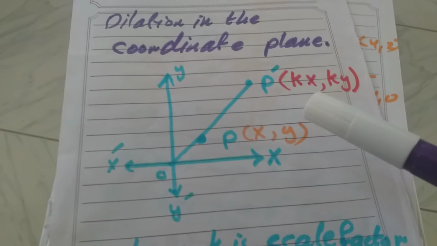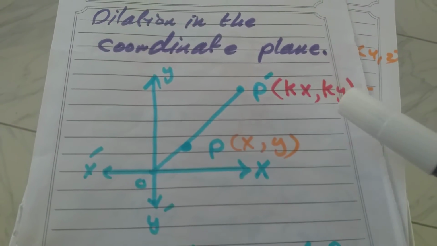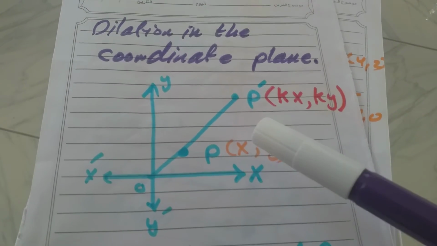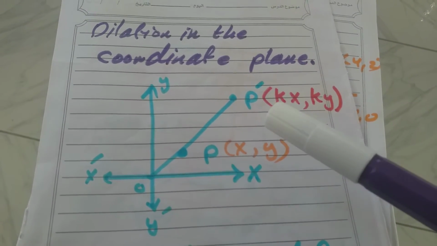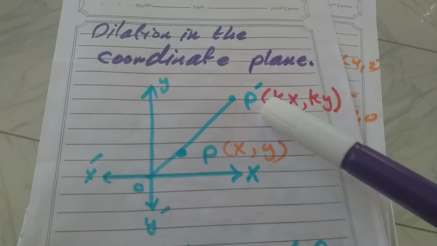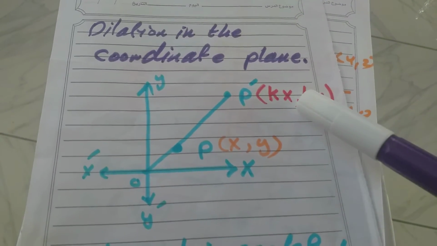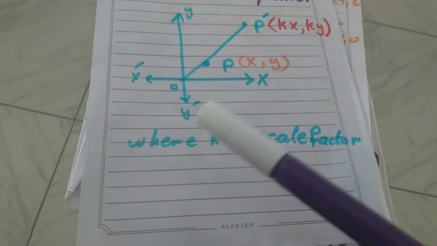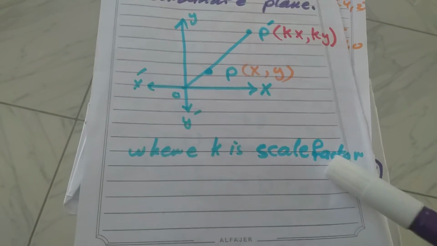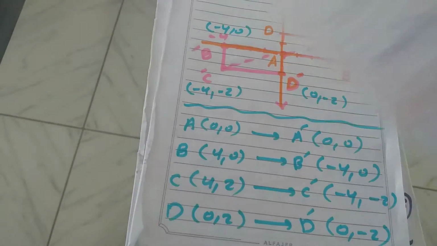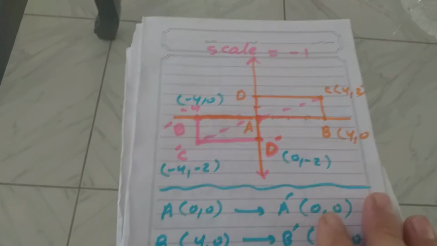Look, we multiply k times x and k times y. K in this figure could be more than 1 because the figure is going to be bigger. OP prime equals OP times the scale factor, where k is the scale what? Factor.